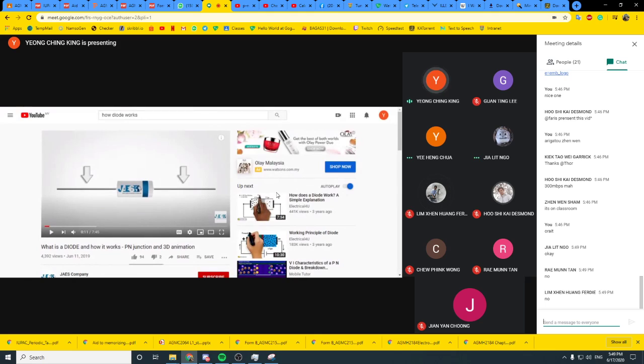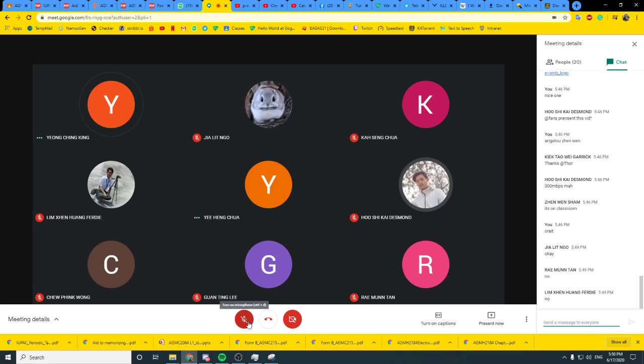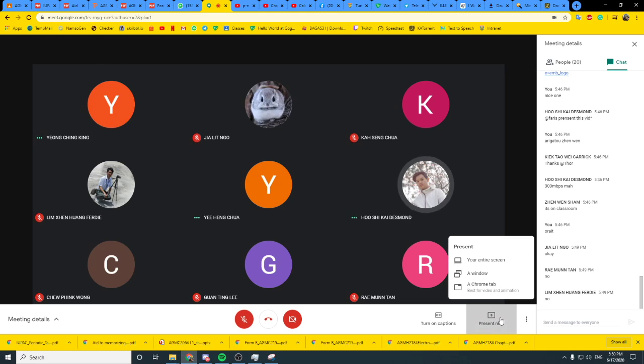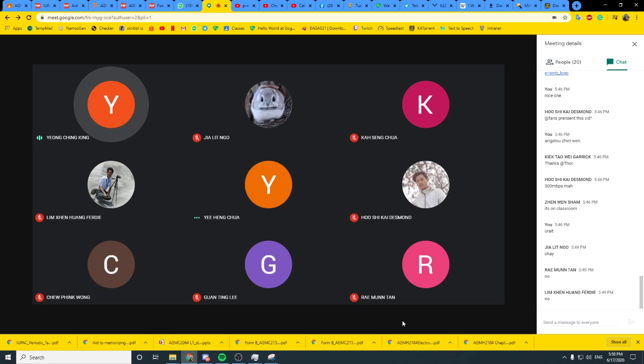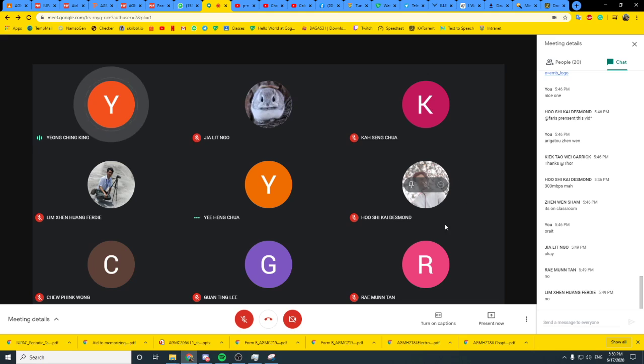No. That means every time I have to change here, change there. You can choose the option to share your entire screen, so it's easier. No need to change one by one. Oh, because just now I'm trying the video, so I use the Chrome tab. So right now it is the entire screen.